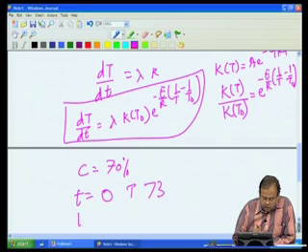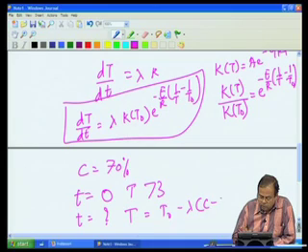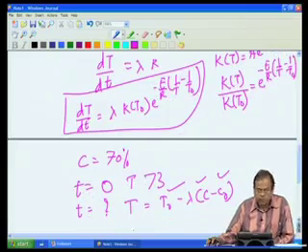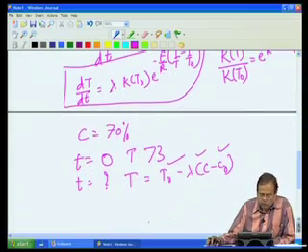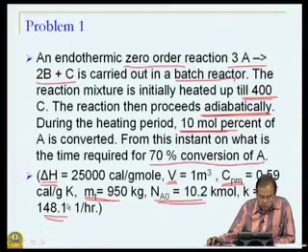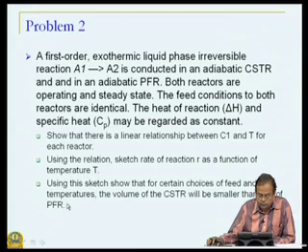So, what will be the temperature when that new temperature, which was T naught minus lambda into C minus C naught, we know all these quantities. So, we can calculate that and find out the temperature. It is a fairly simple straightforward problem. Let us look at another problem.